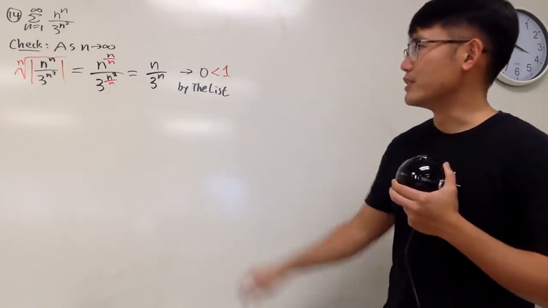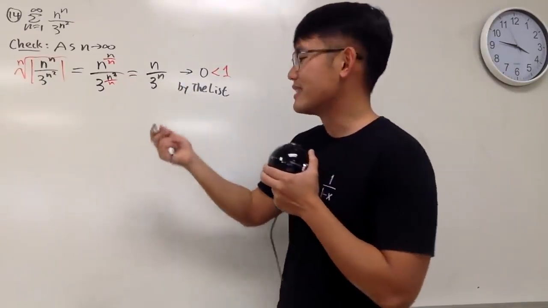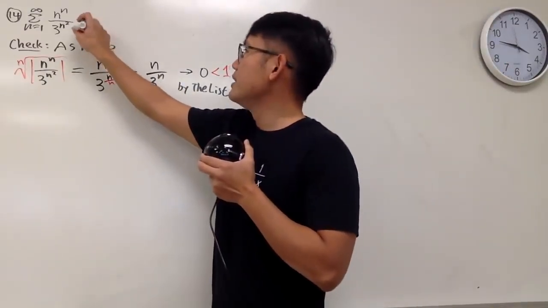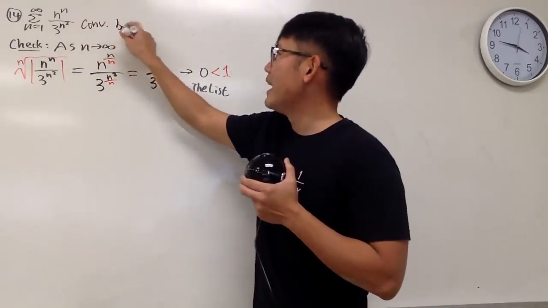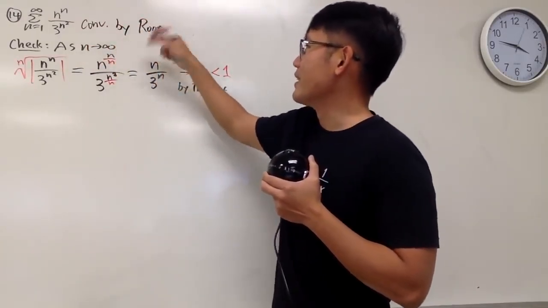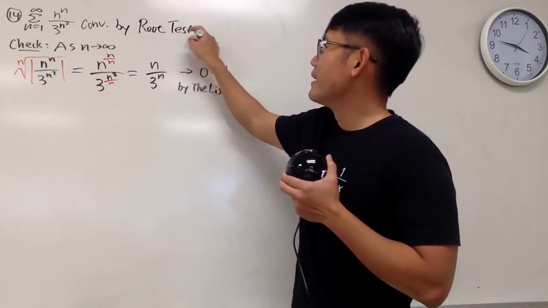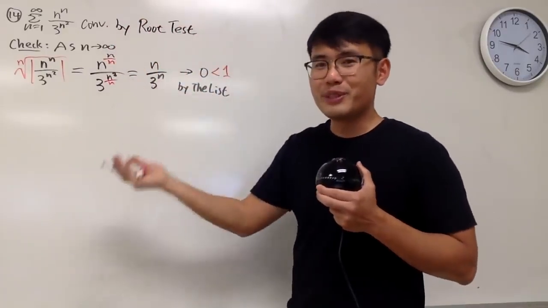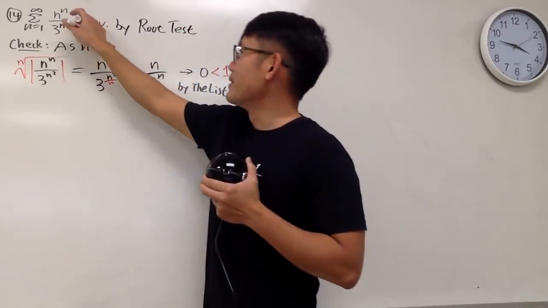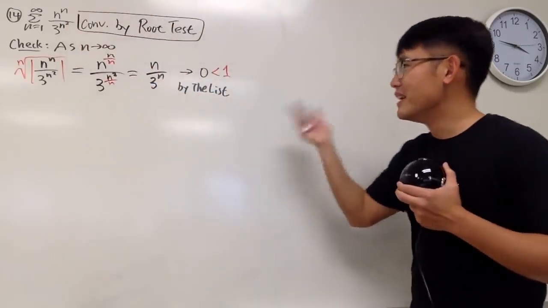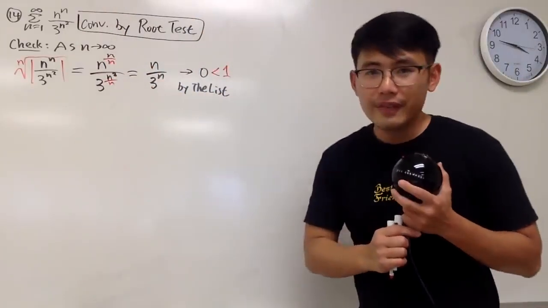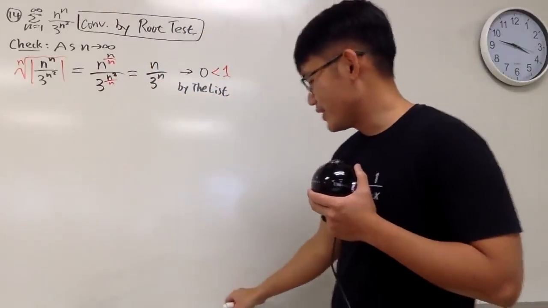So we can just say by the root test, this right here actually converges. Unfortunately, here we cannot abbreviate root test because ratio test is also RT. So we'll just spell this out. Converges by the root test, just like that. So that's it, which is pretty good, pretty good, pretty good.